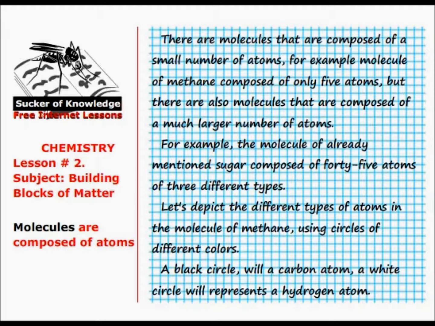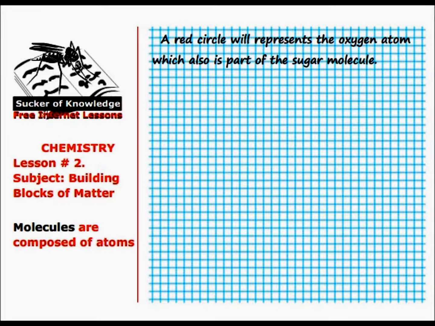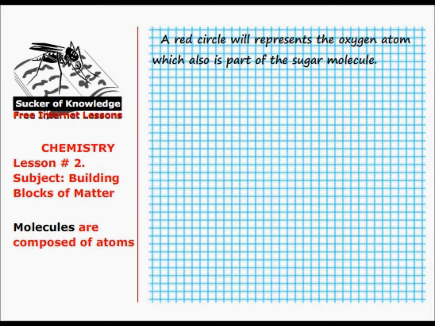Let's depict the different types of atoms in the molecule of methane using circles of different colors. The black circle will represent a carbon atom. A white circle will represent a hydrogen atom. The red circle will represent the oxygen atom, which is also part of the sugar molecule.